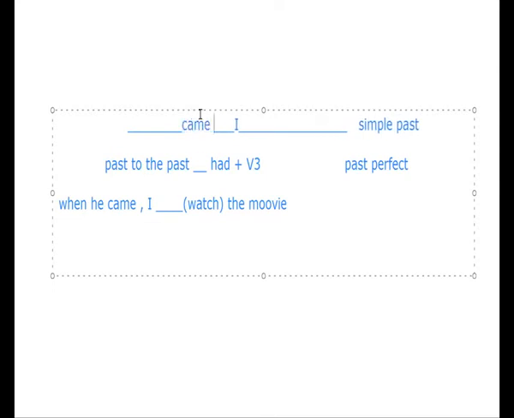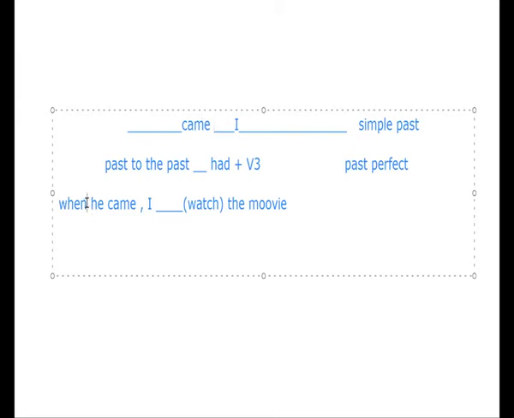I know the position of "came" is here on the scale. So I am supposed to give the form of "watch". Already he has given this. Now look at this: when he came. Now tell me, where do you want me to put this "watch" on the scale? Should I put "watch" on the left side of the scale, right side of the scale, or the same time? Who decides that? This word decides this.